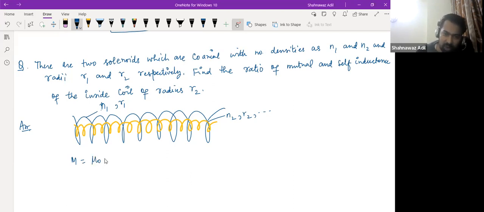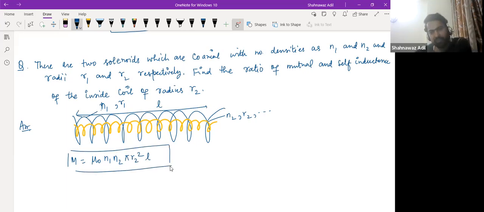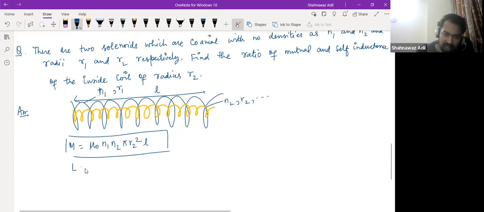That would be mu naught N1 N2, and the area would be pi R2 squared, and let's say this distance is L. So that would be the mutual inductance, right, Tariq? Yes, sir. Now you tell me what would be the self-inductance inside.